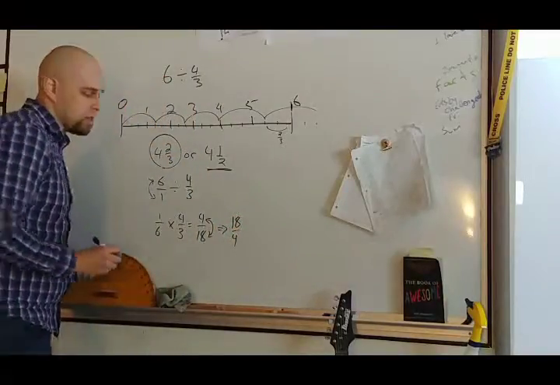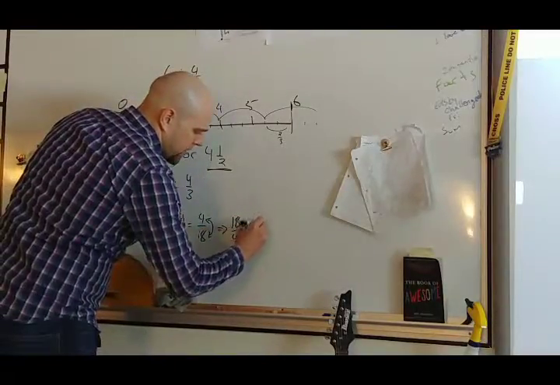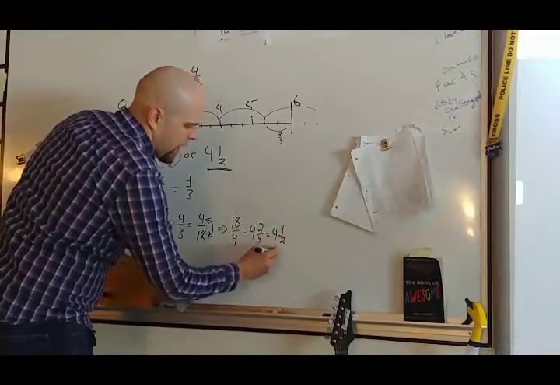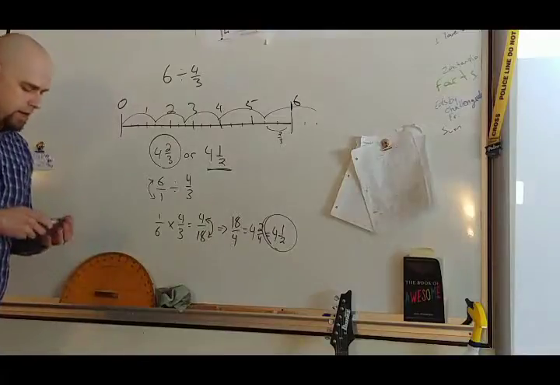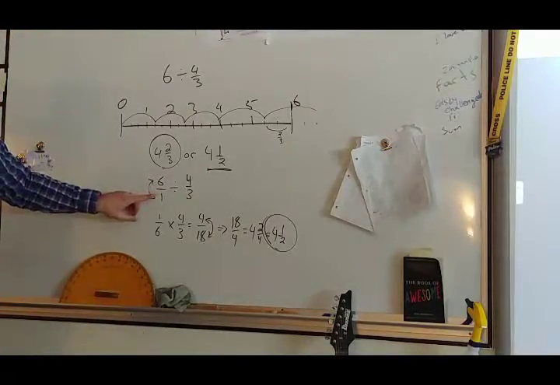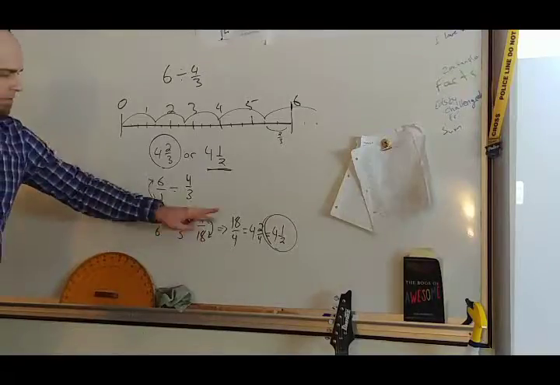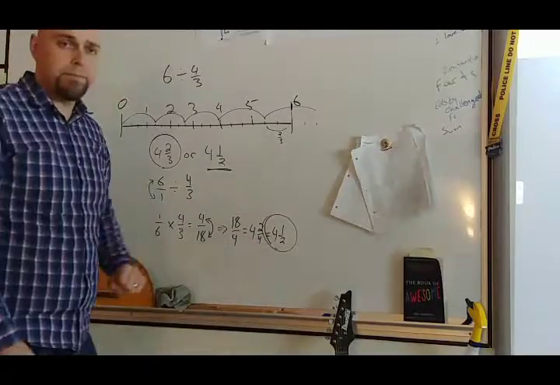That is my answer. If I simplify that, I'm going to get 4 and 2 over 4, or 4 and 1 half. Now what I did there is, I took my 6, made it 6 over 1, same. I flipped it, multiplied, flipped it back, and simplified.